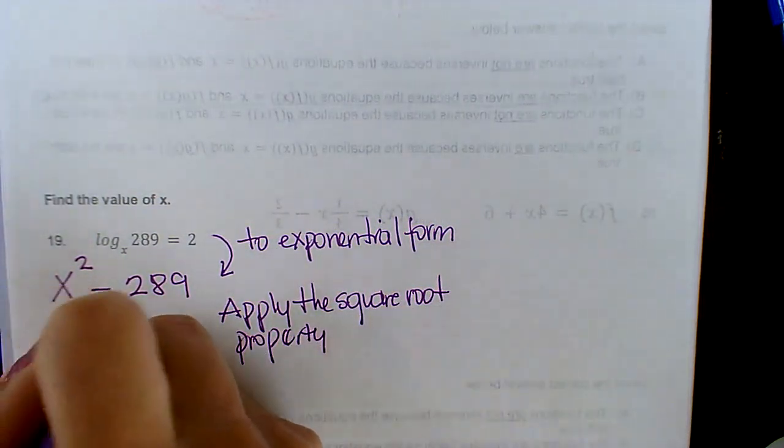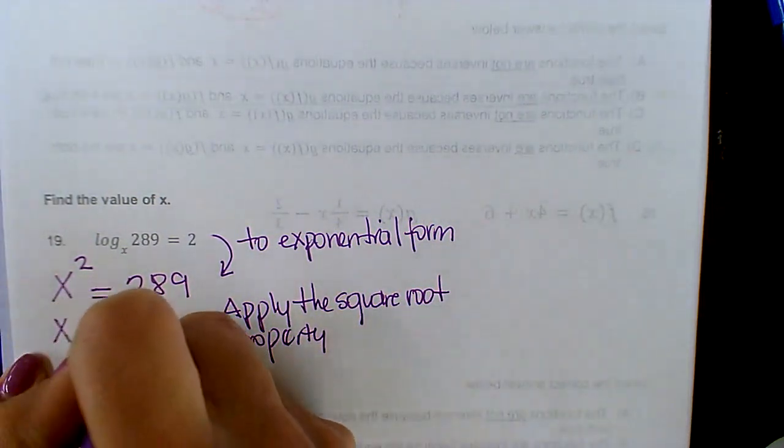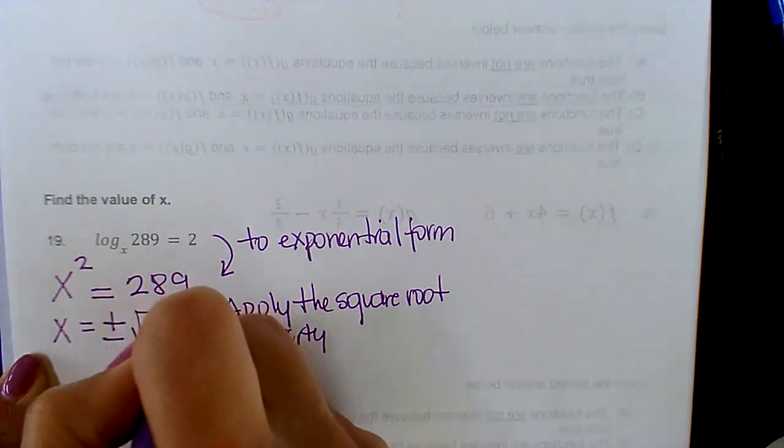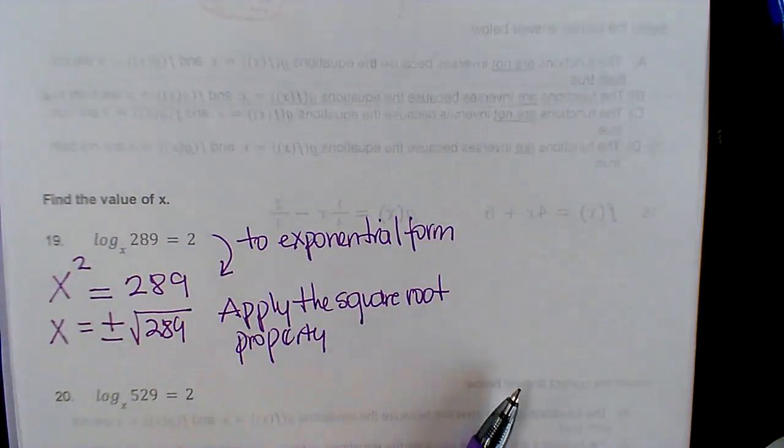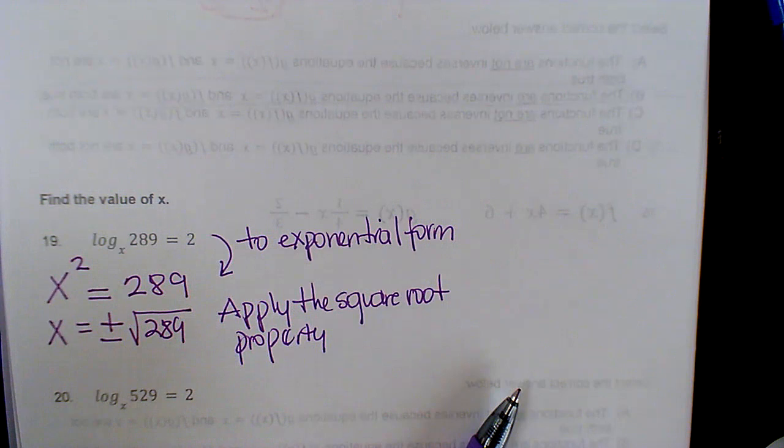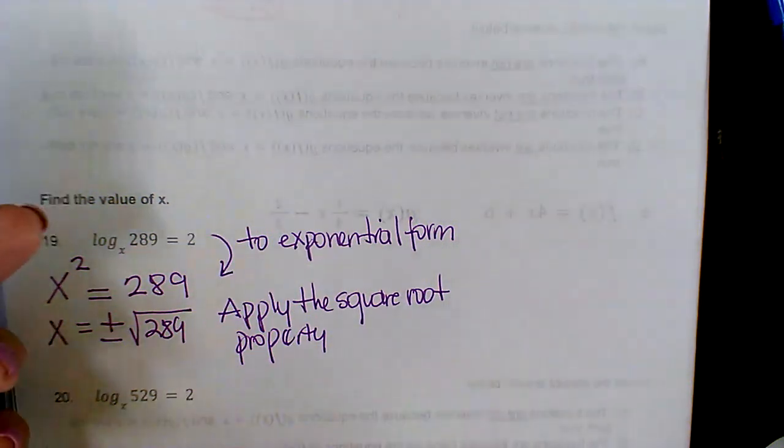It's going to be x is equal to plus or minus the square root of 289. And I believe we get a whole number there. Yep, 17.